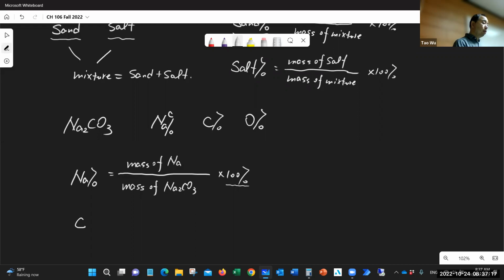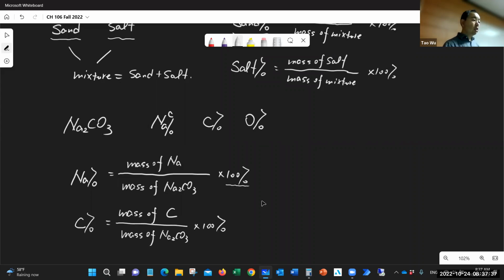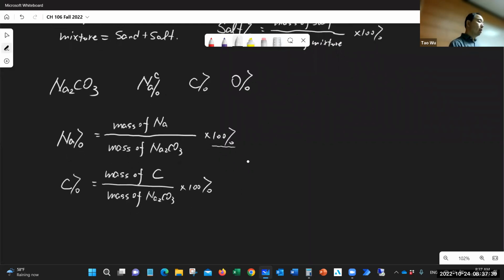If you want to figure out the carbon percentage, it's the same thing. Just use the mass of carbon divided by the mass of the sodium carbonate, and times 100%. This gives you the carbon percentage. Oxygen is the same thing.